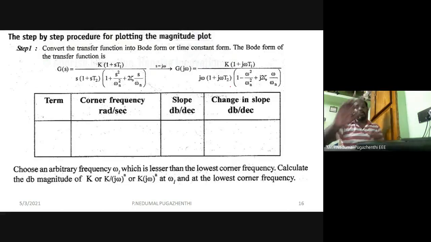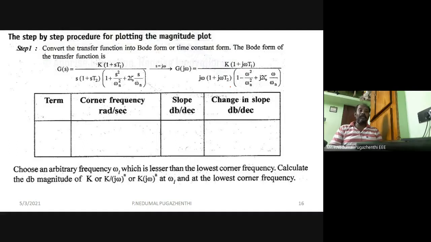Any particular doubts there? So we have 6 different factors available. What are they? A constant value, an integrator or a multiple integrator, a derivative or a multiple derivative, first order in the denominator, first order in the numerator, or multiple terms of first order in the denominator and numerator, and a quadratic factor in the denominator and in the numerator.